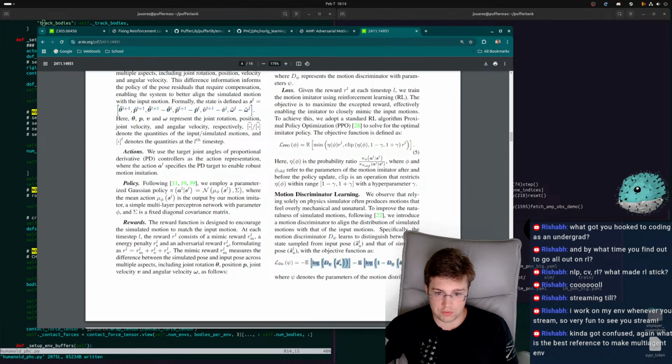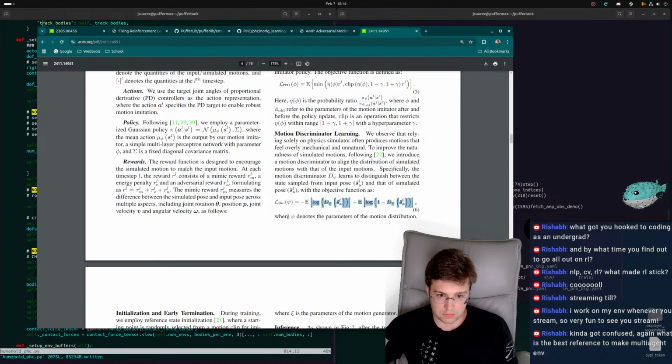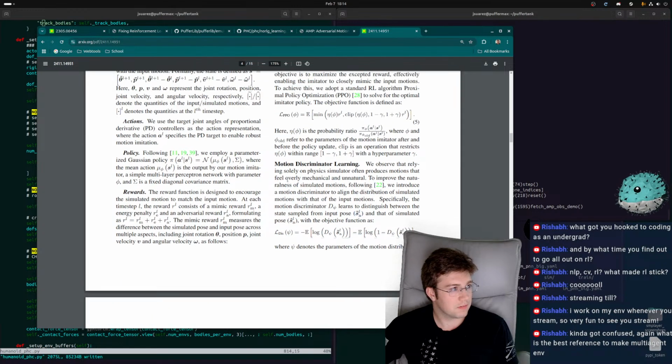Wait, this doesn't even use the freaking demo, does this? No. State sampled, input pose. These are distinguished by different hats. This is the new discriminator. It's already implemented.